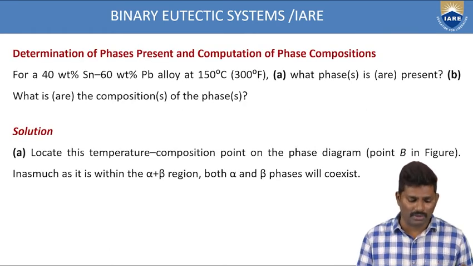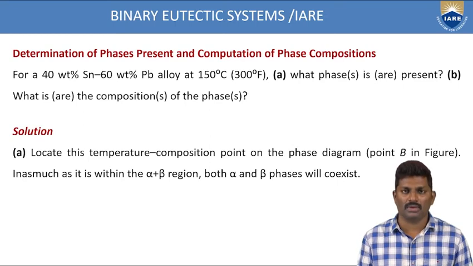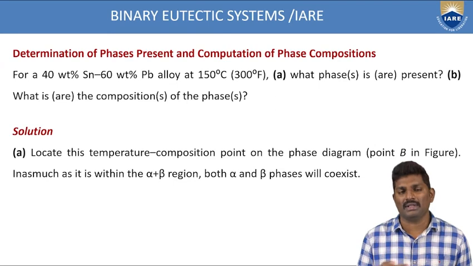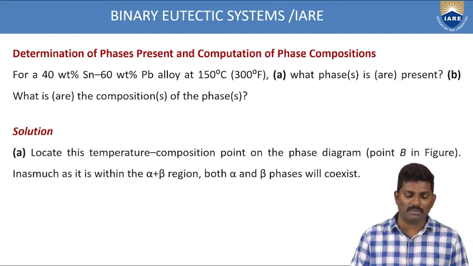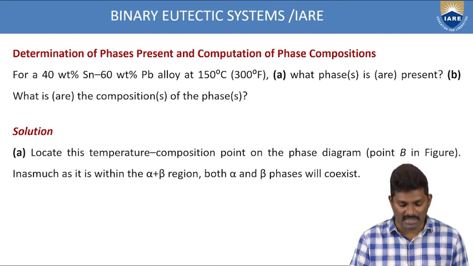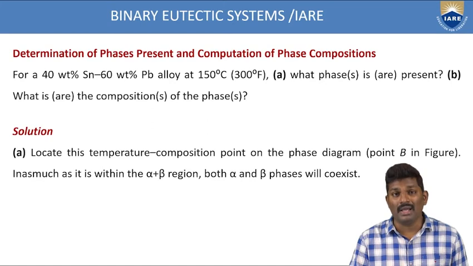Now, let's take an example of how to represent these phase compositions by considering lead and tin. We'll discuss how to draw the phase diagram for the eutectic system based upon this example. Now if you see this example, it is the determination of phases present and computation of phase compositions.